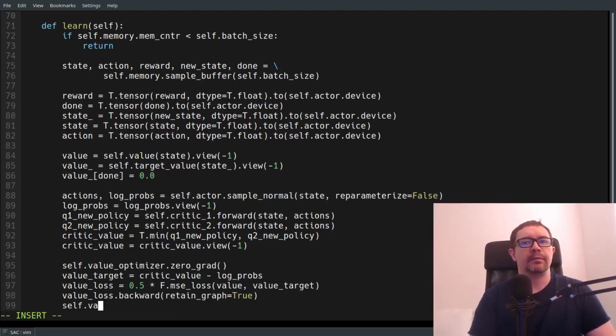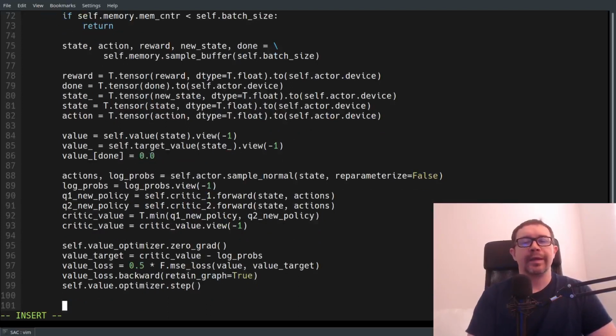And then we say value optimizer step. So that handles the value network loss. Now we're ready to deal with the actor network loss. And so we start by doing another feed forward to get the actions and log probs.